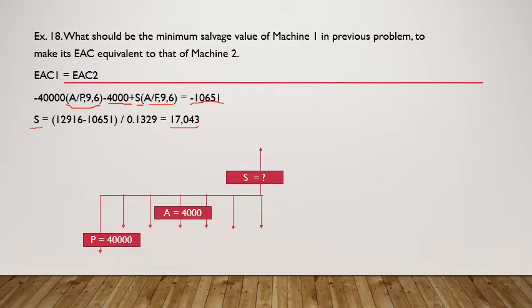If S is more than 17,043, what does that mean? Then machine 1 would be preferred. If it is less than 17,043, machine 2 will be preferred. If it is equal to 17,043, then either machine 1 or machine 2 can be selected.